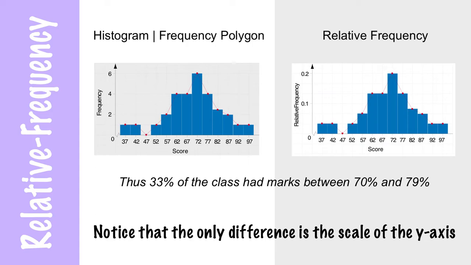And here we go, comparing the two, the histogram frequency polygon and the relative frequency. You can see by looking at these charts that they're identical to the eye. The only difference will be that the y-axis for the relative frequency is different.